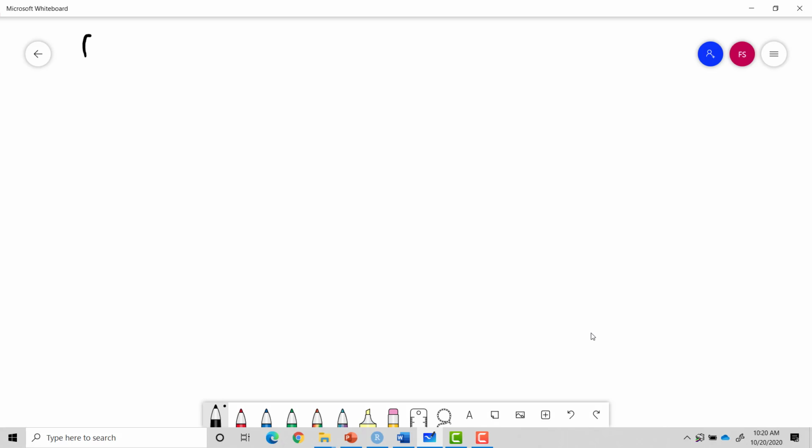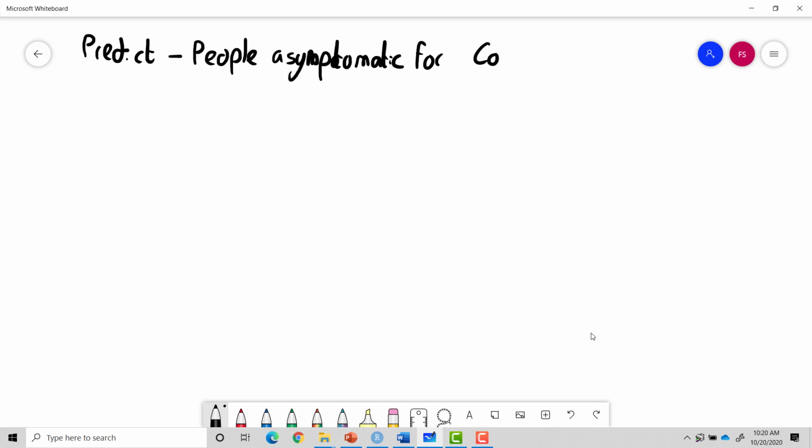We're trying to predict if people are asymptomatic, and I can't spell asymptomatic, for the coronavirus. Imagine we've tested if people have the antibodies, and then we also test them on whether they experienced any symptoms.